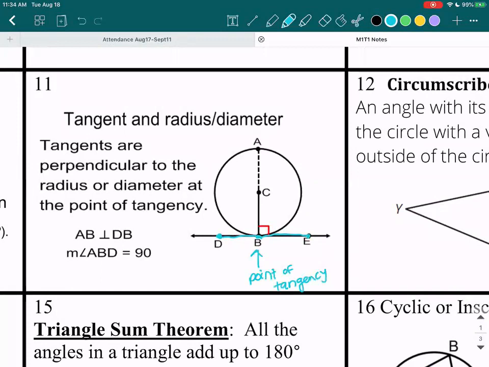That's why they have the red square there. It's perpendicular at the point of tangency.